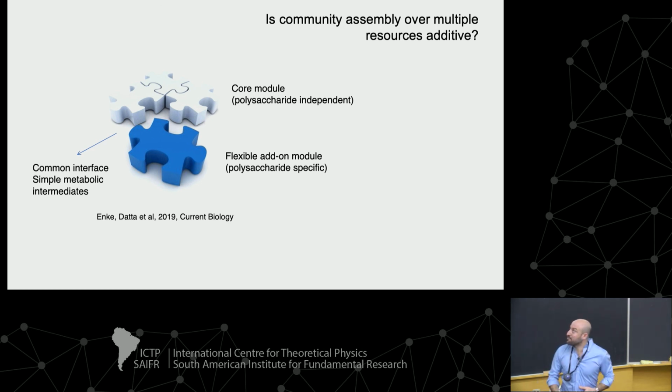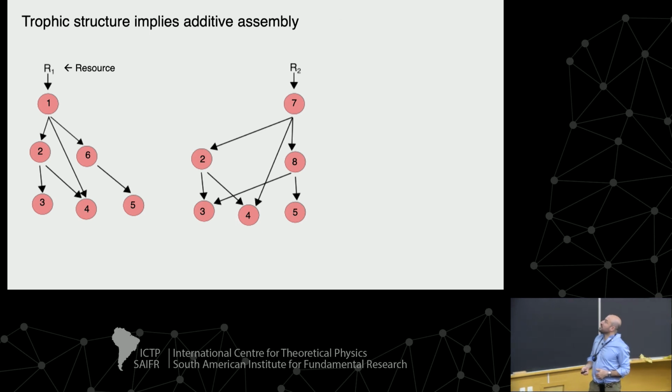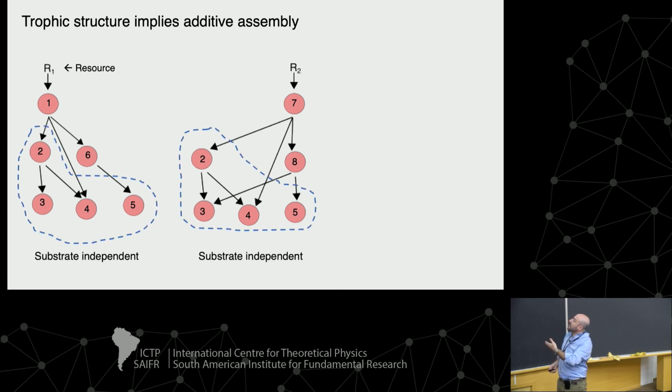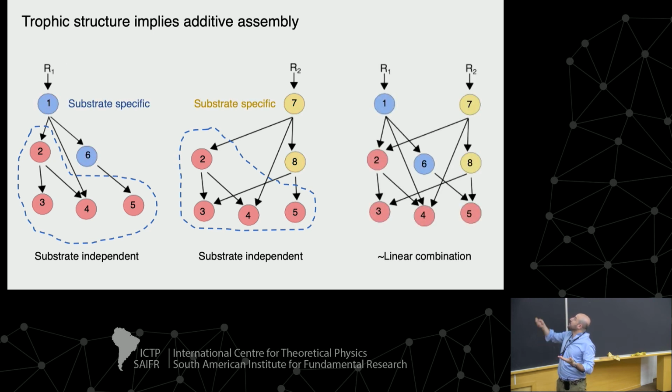Basically, what we think happens is that you have these trophic systems, and if you just combine them, there are things that are substrate independent, there are things that are substrate dependent, and when you add them, if you have a trophic system, you should expect more or less a linear combination. What would break this is if you have a lot of loops, a lot of lateral connections, then things go south. But otherwise, this is what you expect.